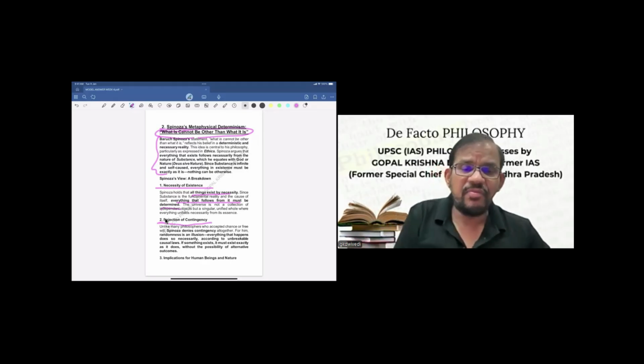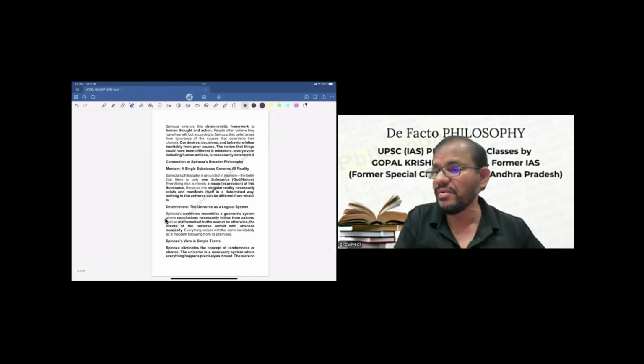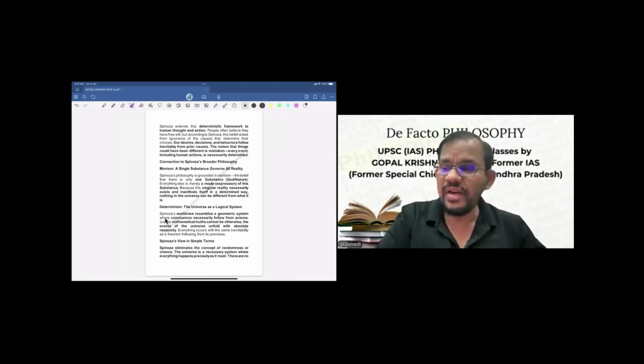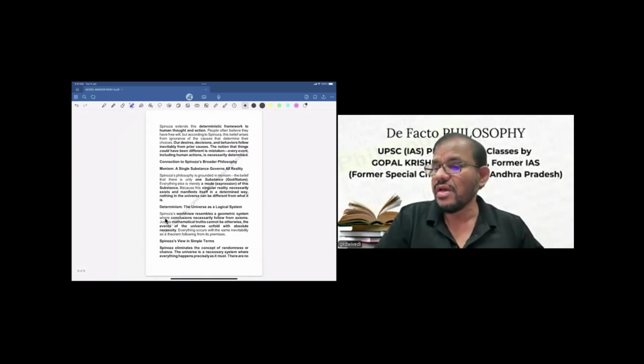Then third, what will be its implications for human beings and nature? Let us see that. Spinoza's deterministic framework is not only for certain things or nature only, it also extends to human beings. So if our desires, decisions, and behaviors follow inevitably from prior causes, the notion that things could have been different is mistaken.